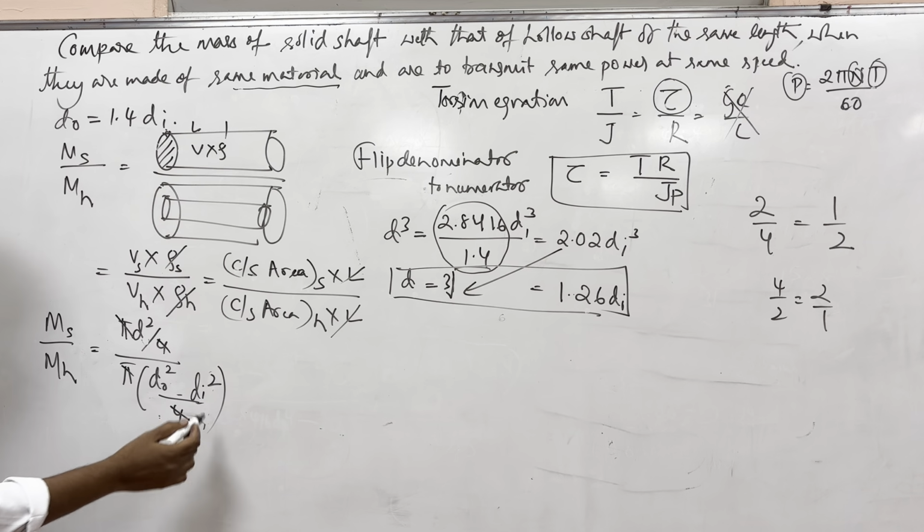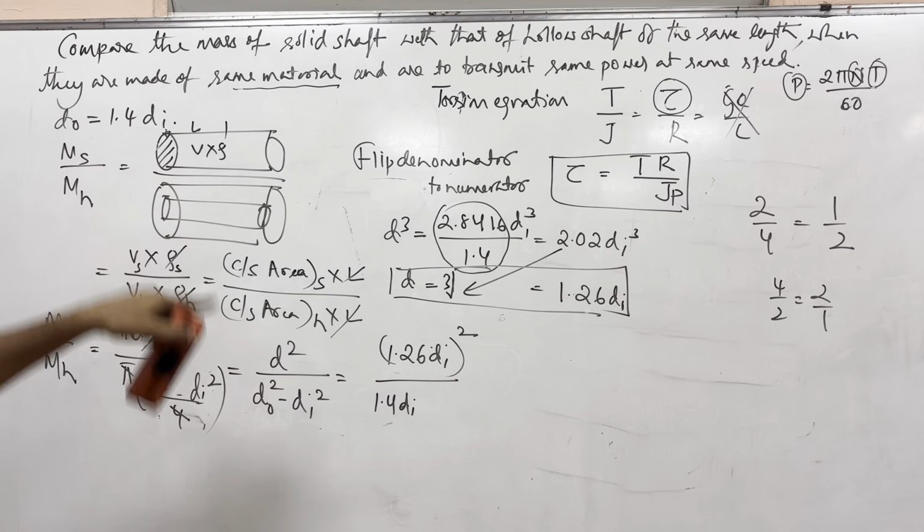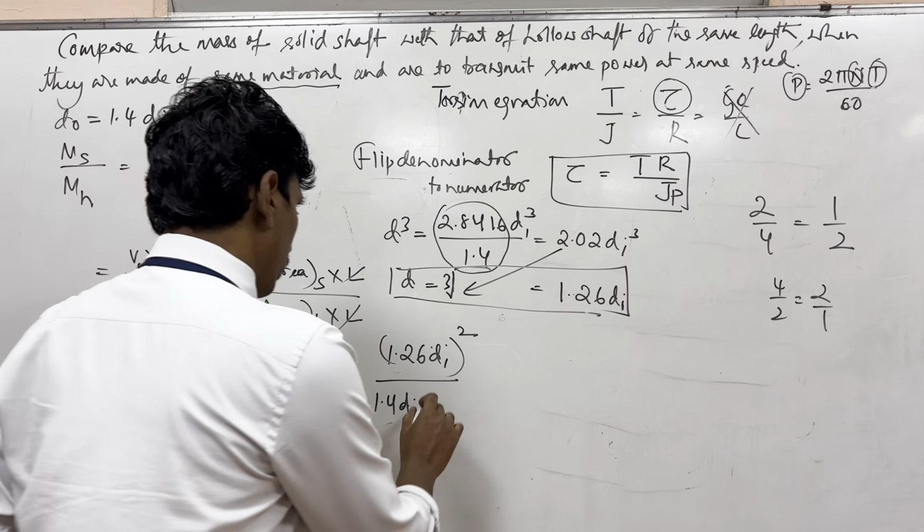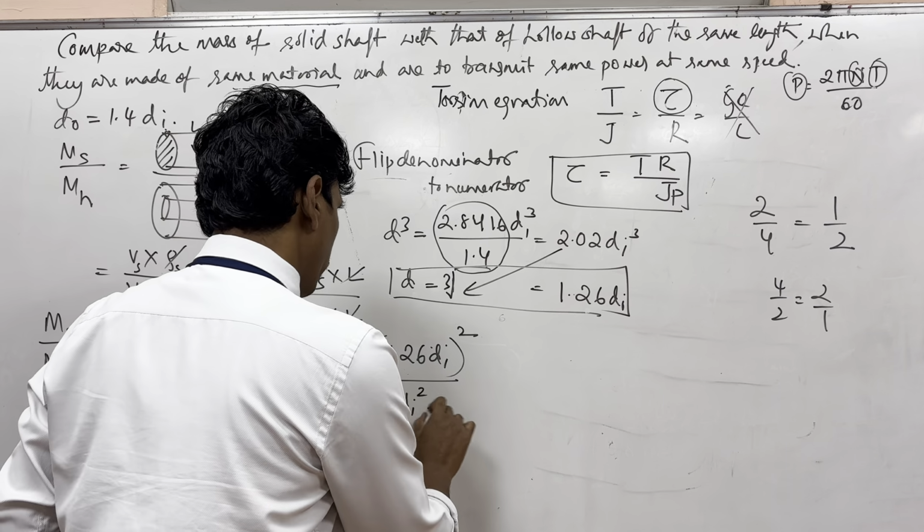Let us now substitute. MS by MH is equal to d square. d is 1.26 di, to the power of square. Here d naught is 1.4 di, so 1.4 di square minus di square.